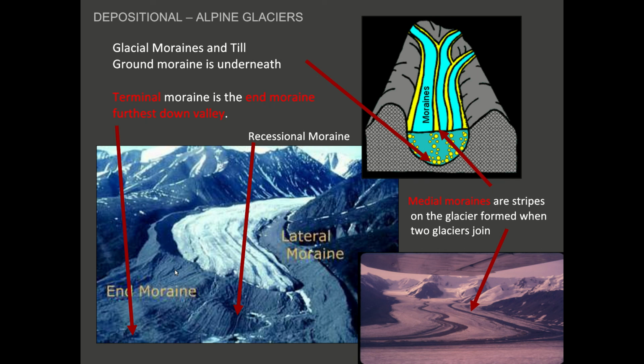The end moraine is the moraine at the end of the glacier that's farthest down the valley. There will often be several terminal moraines. Every moraine at the end of the glacier is a terminal moraine, but only one end moraine. And the reason for that is climate change, it's been warming since the Ice Age, and that's taken a long time to warm up.